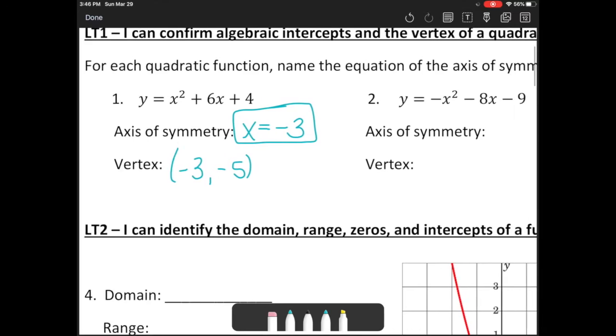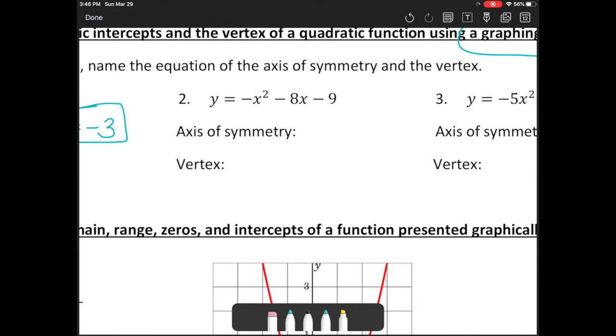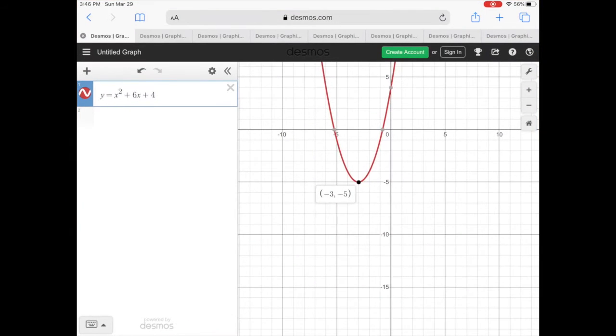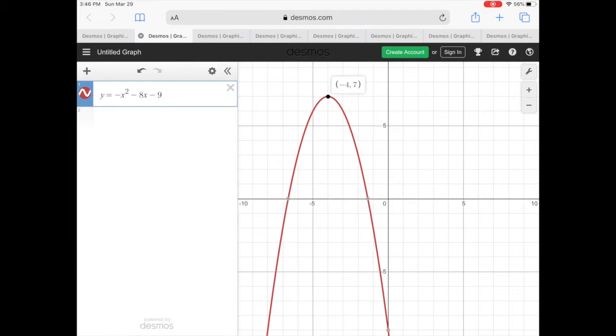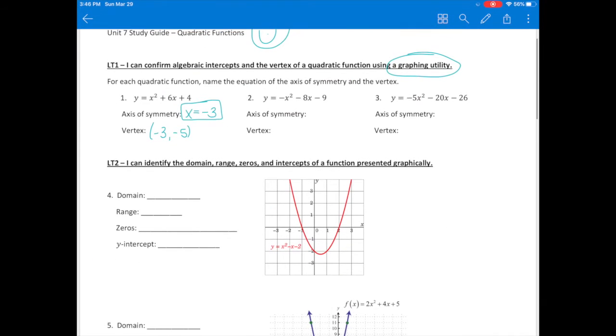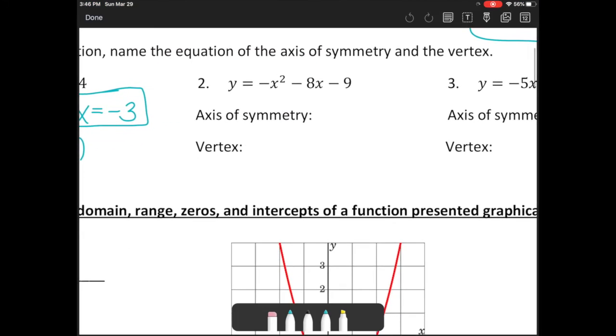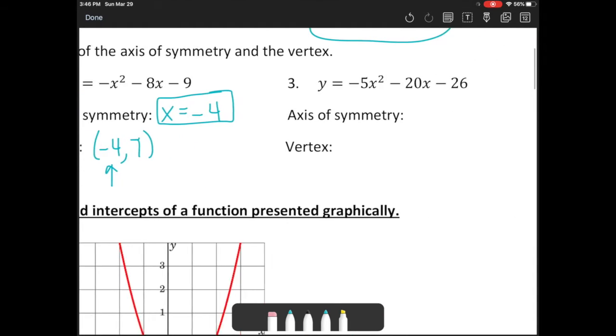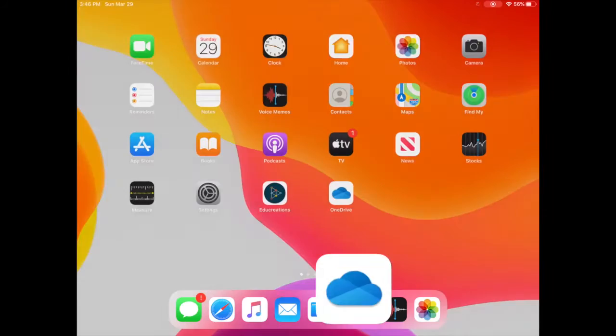All right. Now, if we do number 2 by the graph, let's just go ahead and pull it up, and it is right here. Our vertex is negative 4, 7. So I'm going to go back over here. And the axis of symmetry is just x equals whatever the x value is, negative 4. That is the equation of the line that goes through the vertex. And then finally we have this third one.